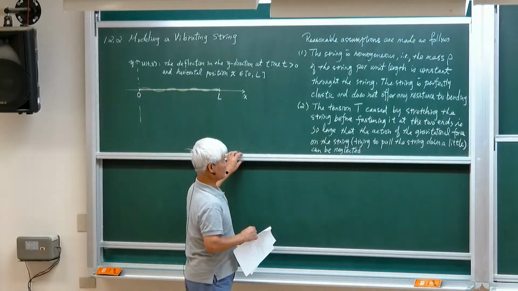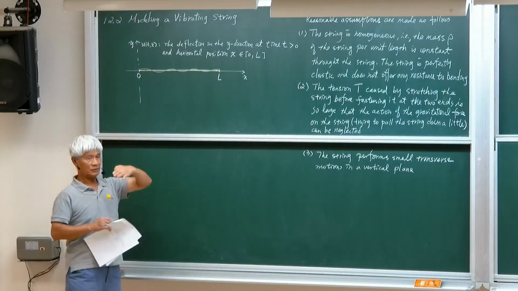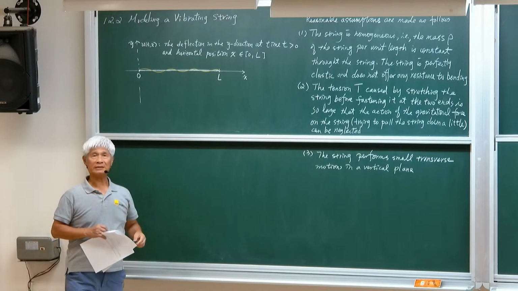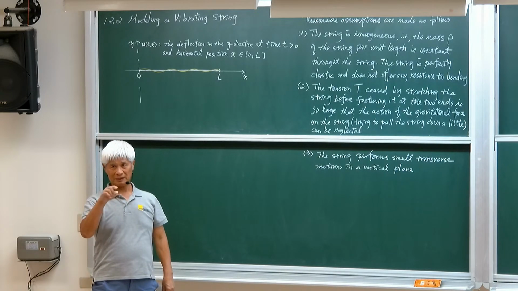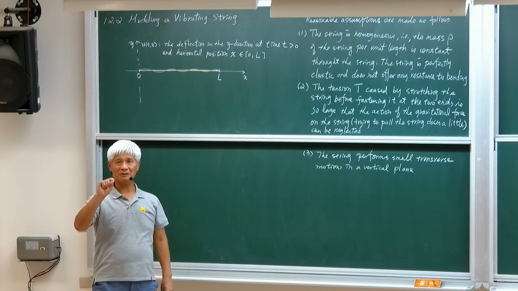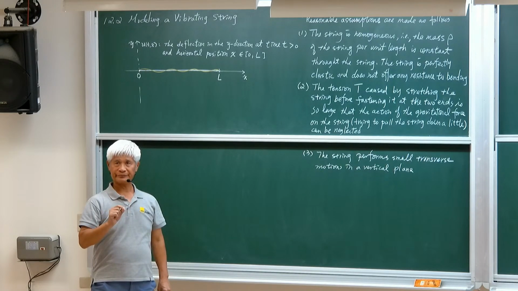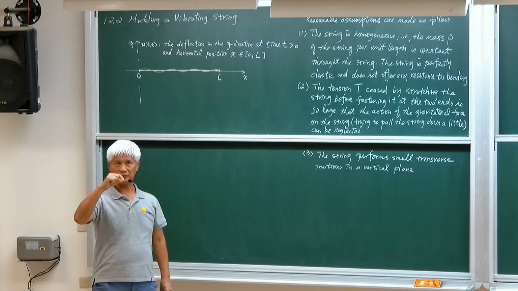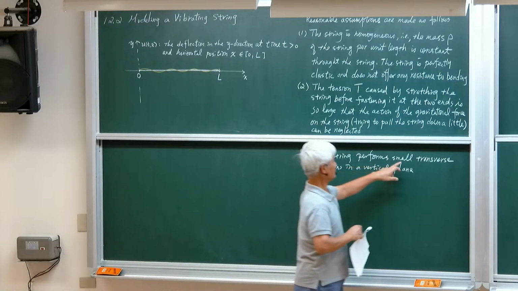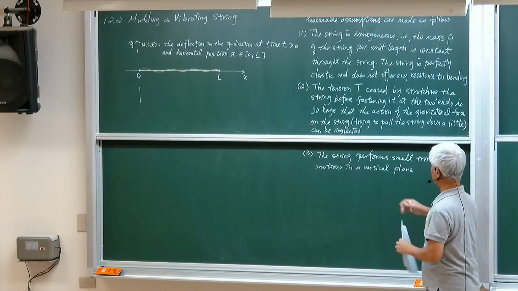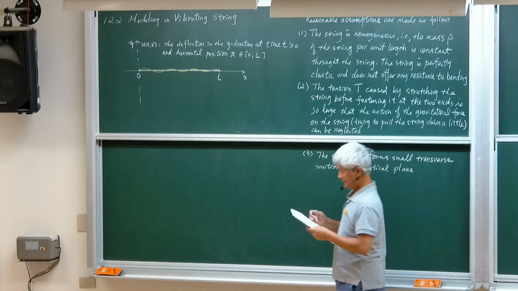And we assume that the deflection is so small. If you look at the vibration of a violin string, the vibration is quite small because the tension is actually very big. So the transverse motion is in the vertical plane.